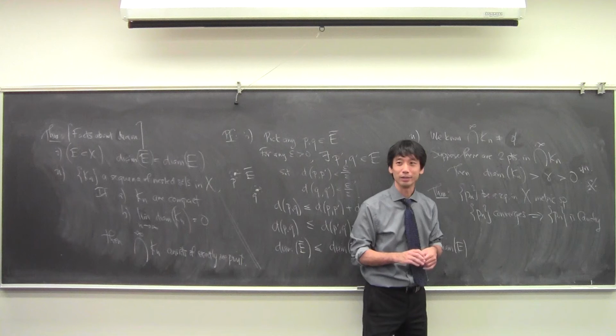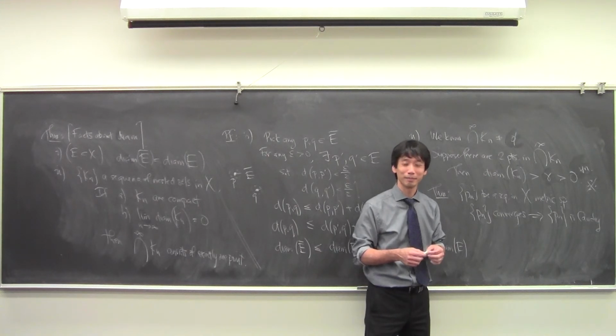Jonah, go ahead. So you pick some uppercase N where, for any lowercase n, the distance between Pn and the point to which it converges is less than the epsilon. So then any 2 points, Pm and Pn, are going to be less than an epsilon as well.